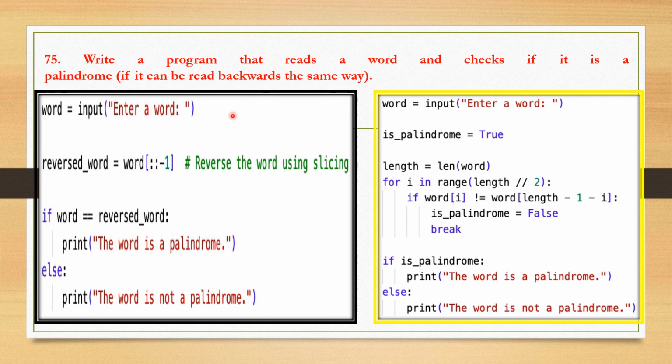This slice notation starts from the last character and iterates backward with a step of -1, effectively reversing the word. Then the program checks if the original word is equal to the reversed word. If that condition is true, it executes the block inside this if statement and prints that the word is a palindrome. If not, then it says it's not a palindrome.